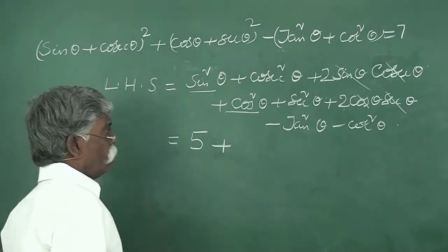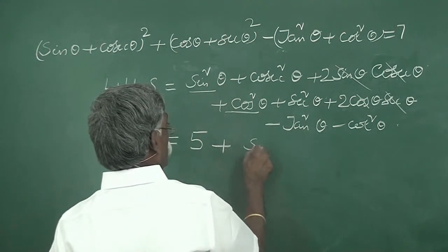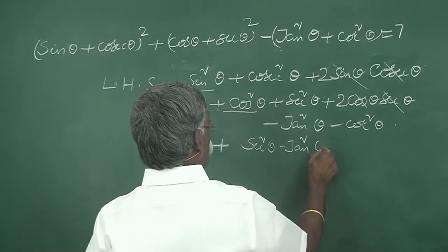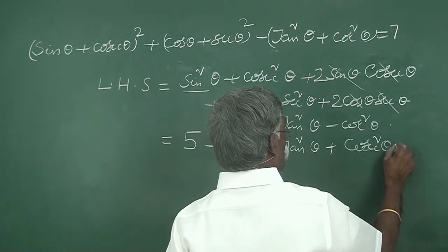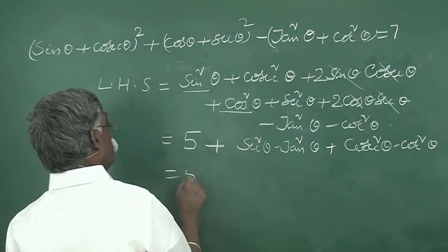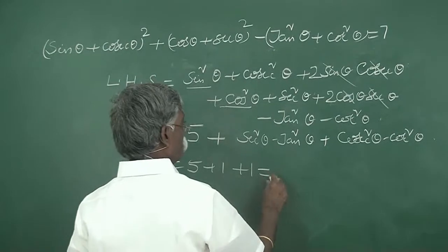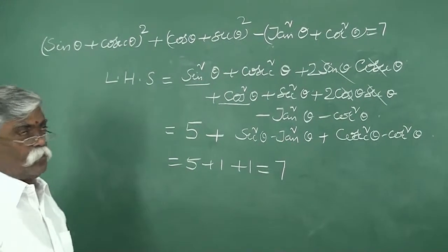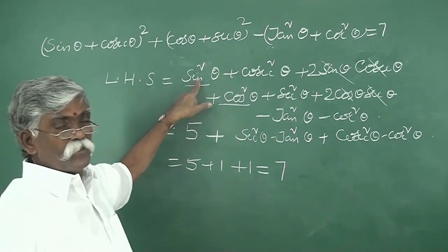Plus this secant square theta minus tan square theta, and this is cosecant square theta minus cot square theta. So this is 5 plus secant square minus tan square is 1, cosecant square minus cot square is 1, therefore the answer is 7.